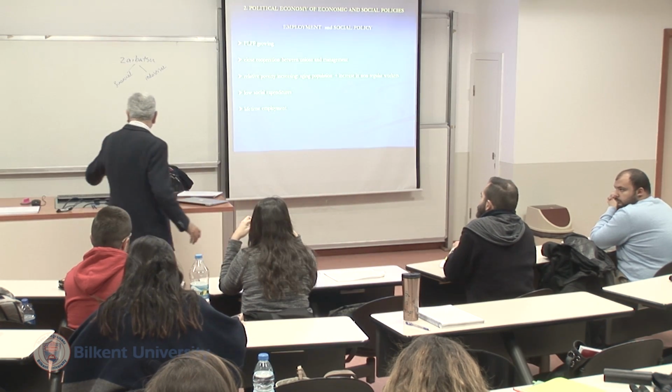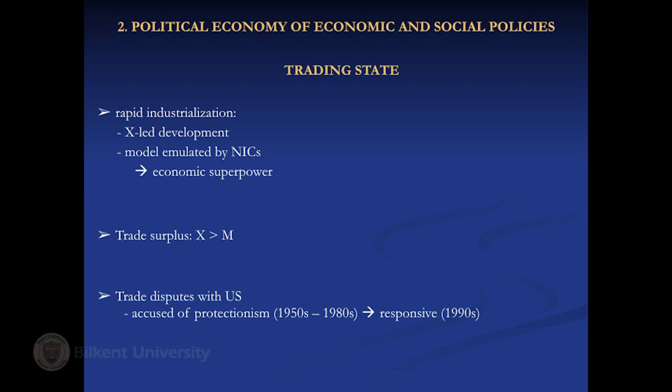What does the Japanese state in world markets look like? There has been rapid industrialization, as we've seen, in the 1950s, 1960s, 1970s, which was based on export-led development, export-led industrialization, export-led growth. So the export-led development strategy was the name of the game.